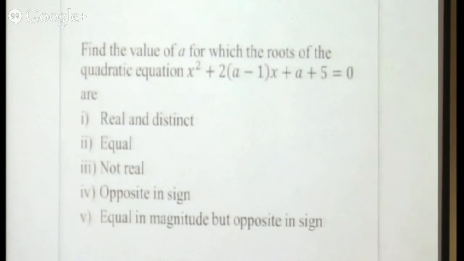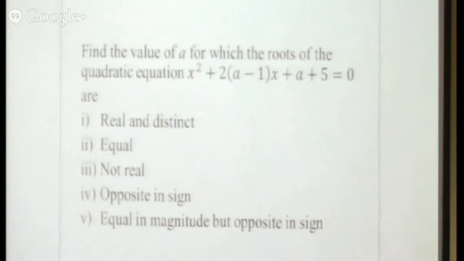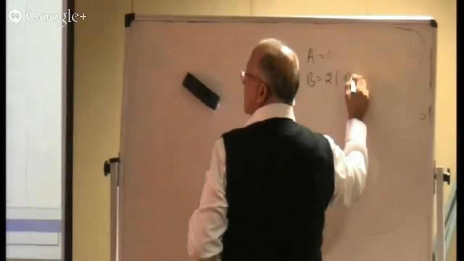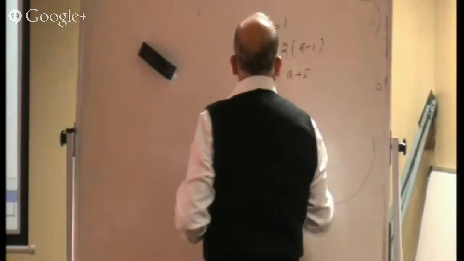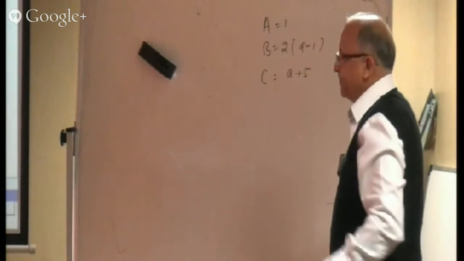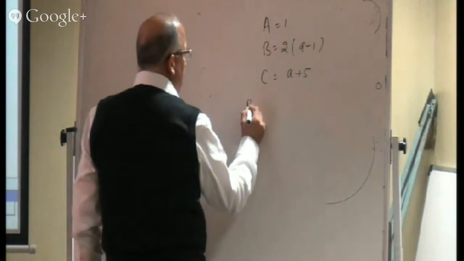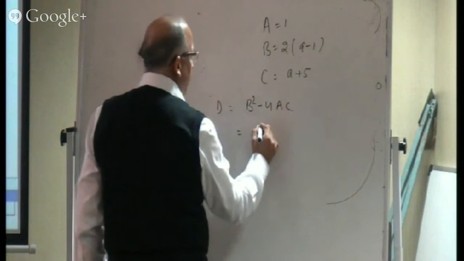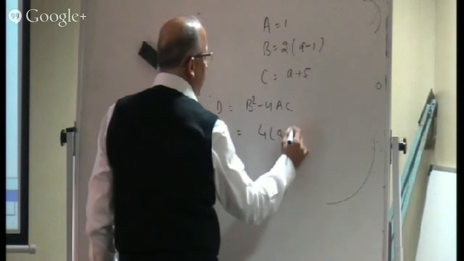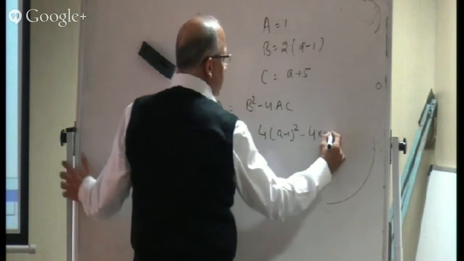The coefficient of x square here is given to be 1. So A is 1, B is 2a minus 1, and C is a plus 5. So let us find out b square minus 4ac, which is the discriminant. So b square is 4 into a minus 1 whole square minus 4 into a is 1 and c is a plus 5.